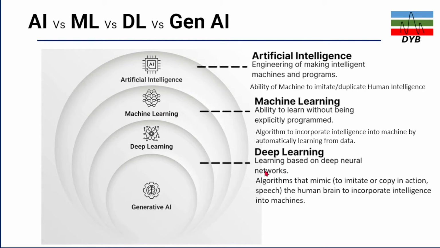Now if you look at deep learning, it has the capability of learning based on deep neural networks. How the neural network works, we will discuss in detail. Here we also have algorithms that mimic or imitate or copy action or speech, any type of data you need, like the human brain, to incorporate intelligence into the machine.